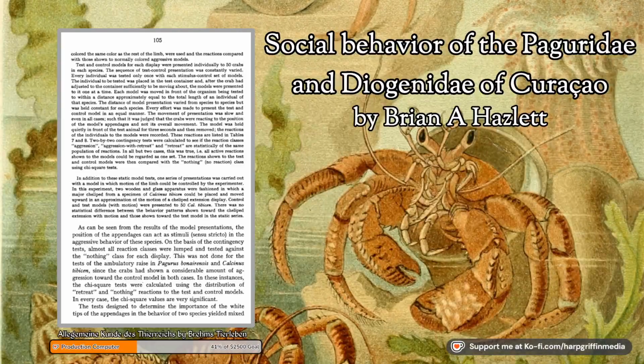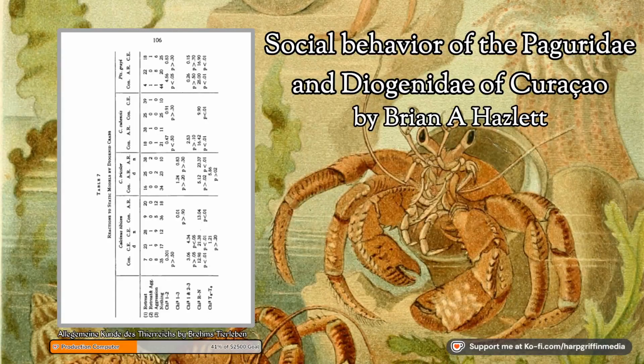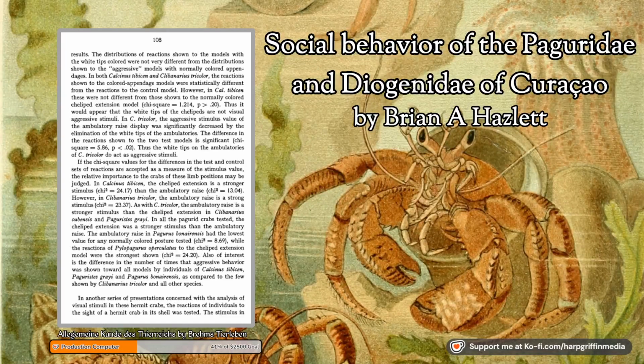The tests designed to determine the importance of the white tips of the appendages in the behavior of 2 species yielded mixed results. The distributions of reactions shown to the models with the white tips colored were not very different from the distributions shown to the aggressive models with normally colored appendages.